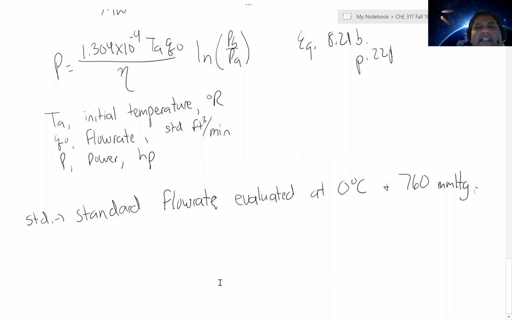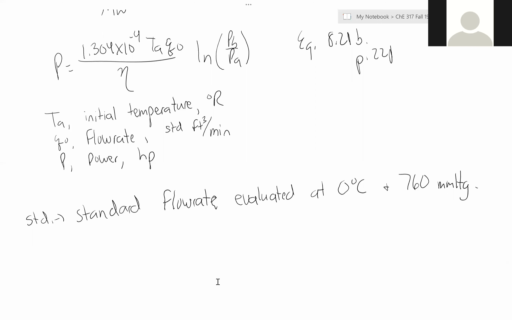So it's a way to normalize the flow rate to a standard temperature and pressure, and then derive equations that correct for those fluctuations. And it's necessary in compressible flow because temperature and pressure are going to manipulate what we see for flow rate. For incompressible flow, the pressure and the temperature are not going to have an appreciable effect on what we see in terms of volumetric flow.